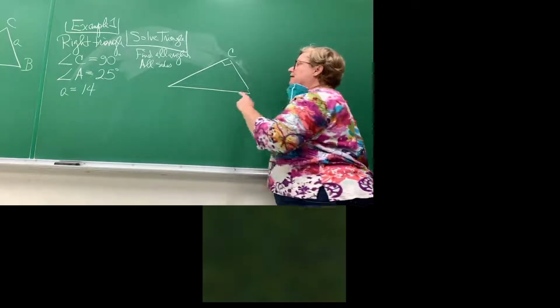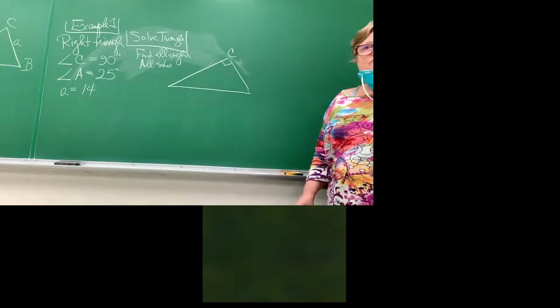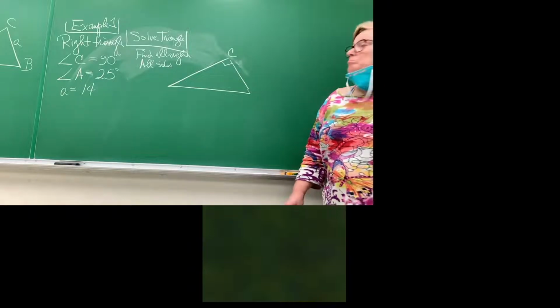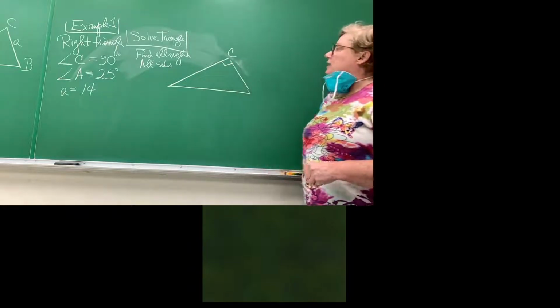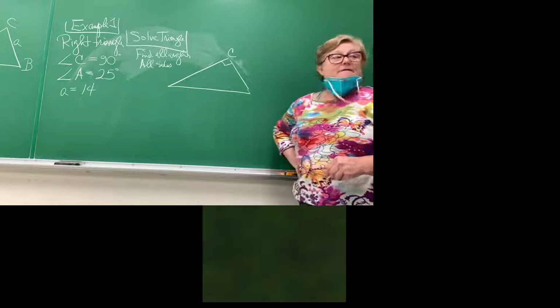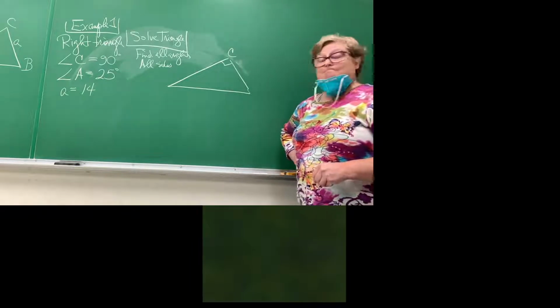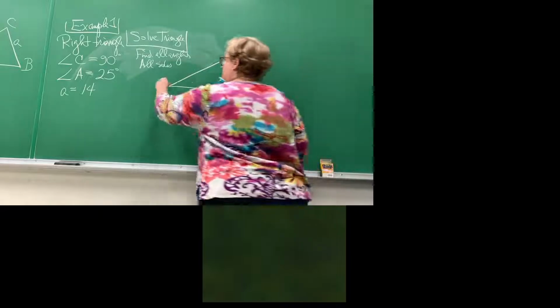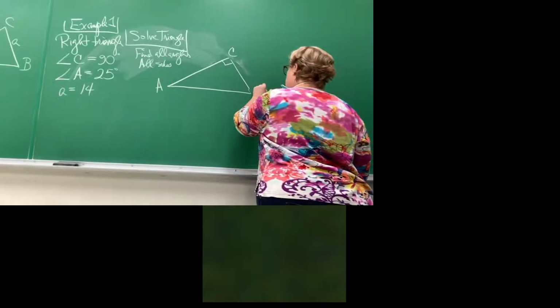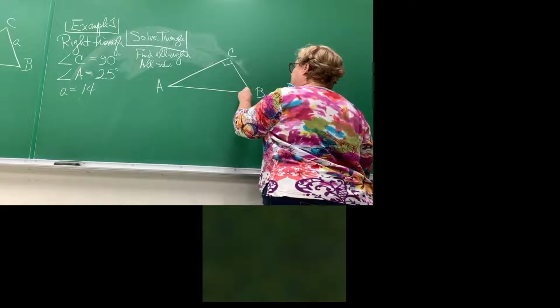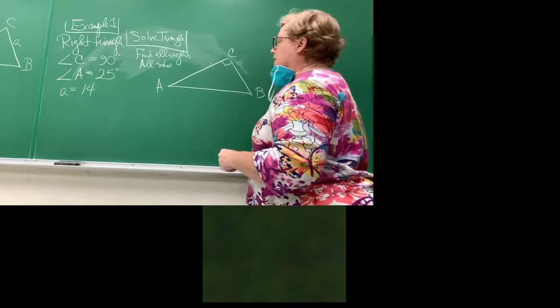Does it matter how I label this? I've got angle C. Does it matter where I put A and B? Not really. Not at all. That's right. You'll get exactly the same answer regardless of how you label it.